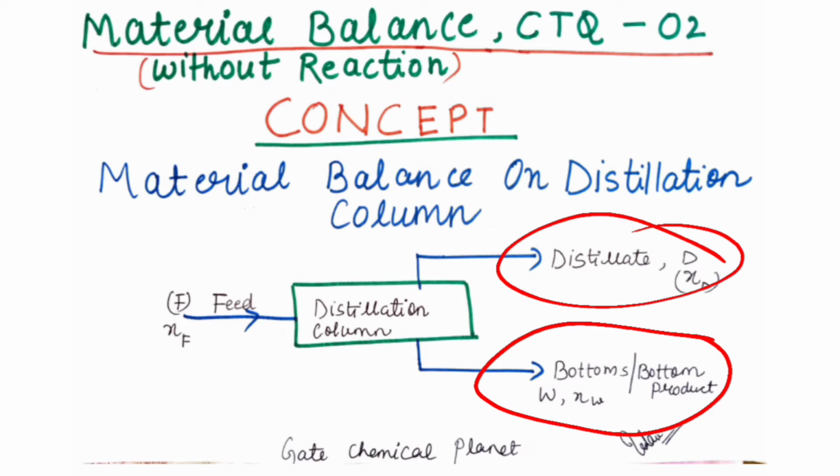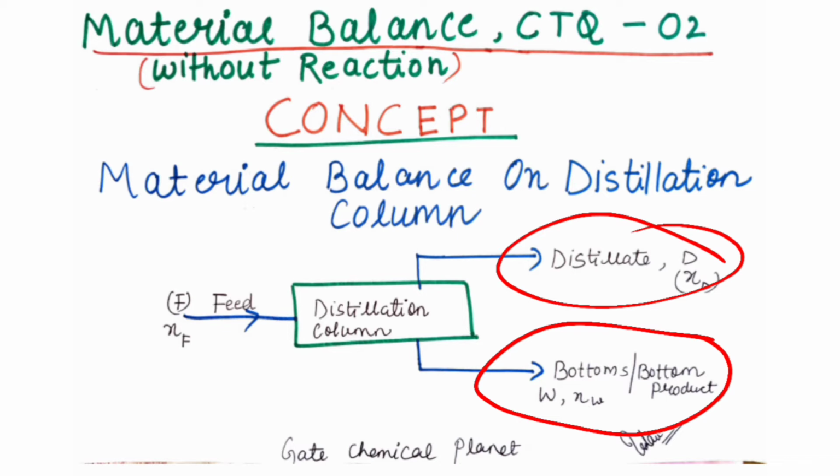The material balance is generally based on the more volatile component. In feed, two types of components are present. If it is a binary system, then two components are present in the feed. One component is the more volatile component and the second component is the less volatile component.